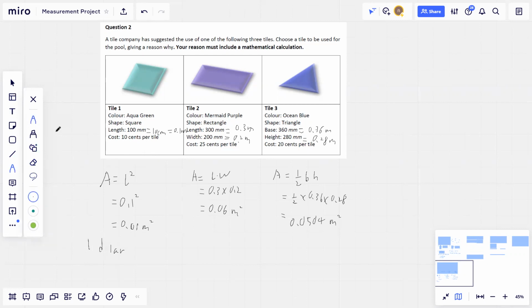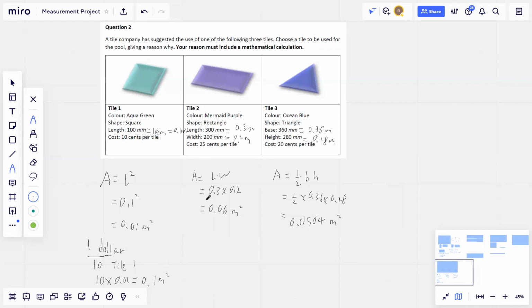So what's the area we have for $1? We use 10 times the area, which is 0.01. That gives you 0.1 meter square. So if I spend $1 on the first tile, I can get 0.1 meter square.